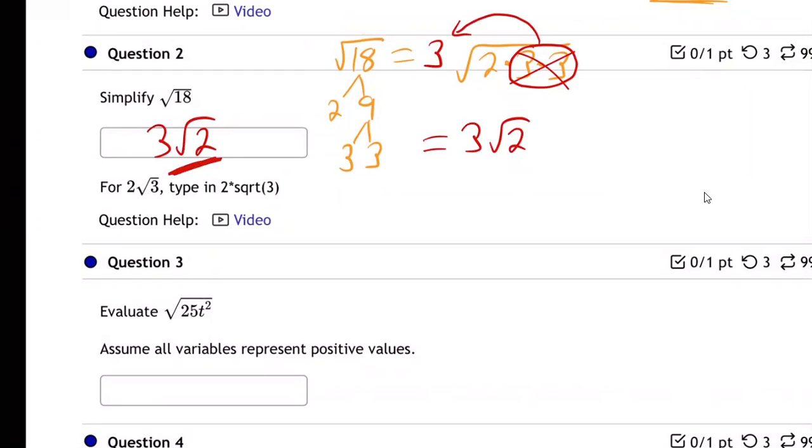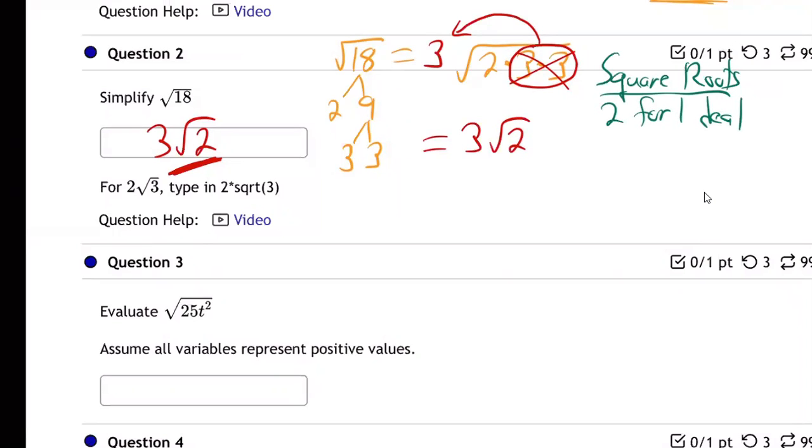Now, what happened there? Let me talk a little bit more about what just happened. The way I teach it is I teach that square roots are a 2-for-1 deal. It's like shopping at Target.